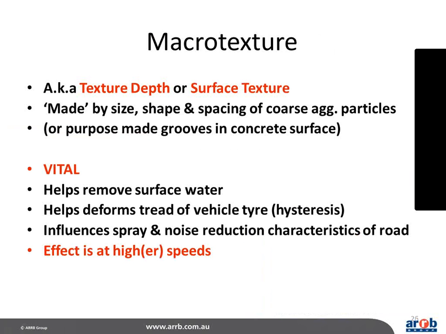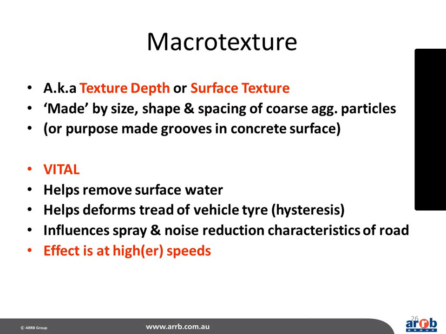We also have what we call our macrotexture component. You may have also heard it called texture depth or surface texture. And our macrotexture is made by the valleys and pits between the individual aggregate particles for blacktop surfaces. If we have concrete surfaces, we actually induce or make our macrotexture by putting grooves in the surface.